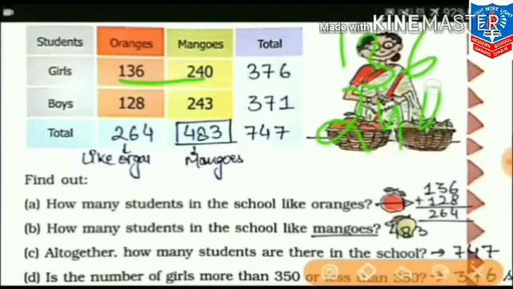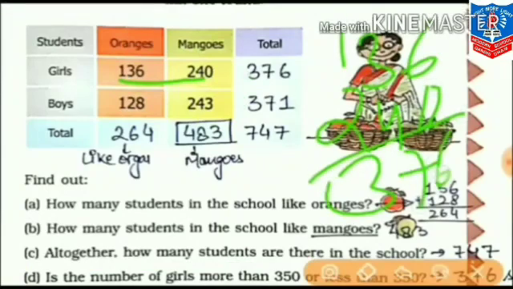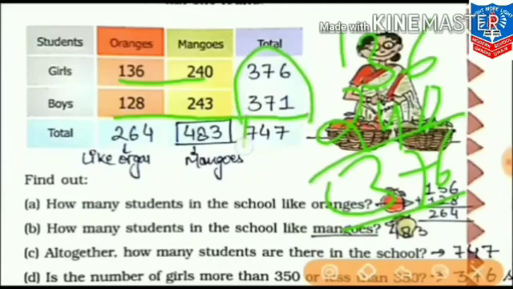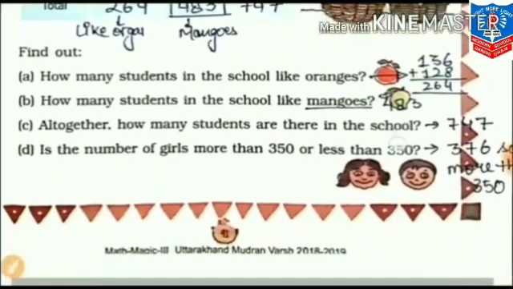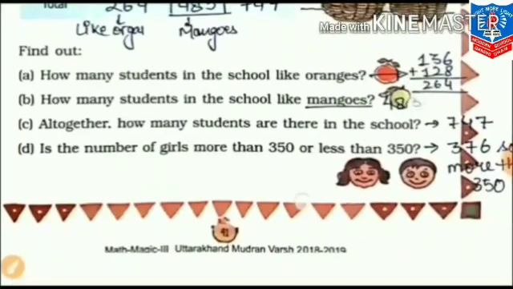You will total up all the students. 136 plus 128, boys, then you will add and you get the answer as 747. See the totals of girls, 376 and 371. So your answer will be 747. आपने total किया ना पहले उसको?